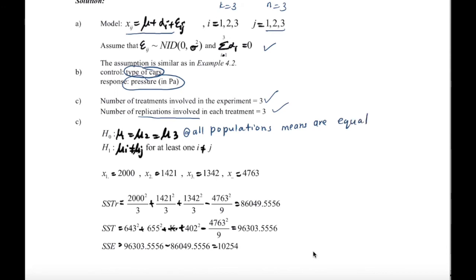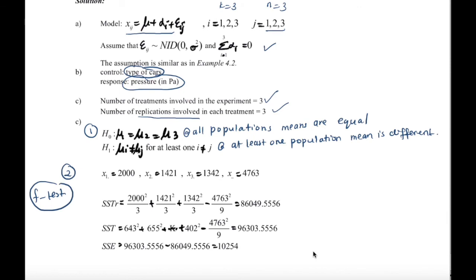Okay, so H1 is mu i not equal to mu j for at least one i not equal to j, or you can write down at least one population mean is different. Okay, so next step, this one is step number 1. Step number 2, you want to find the F test. Okay, in order for you to find the F test, you have to create the ANOVA table.